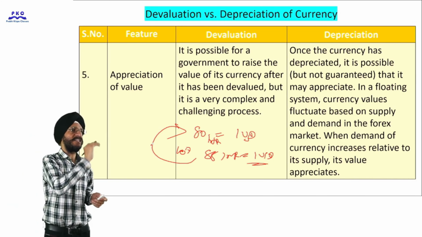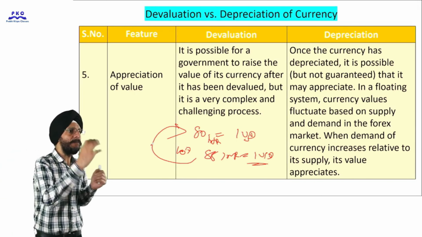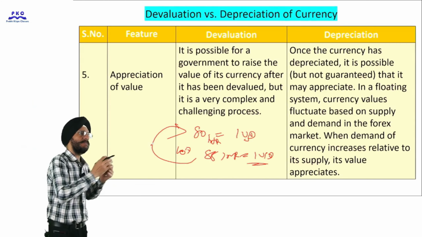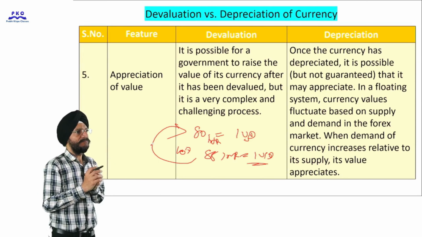In the case of depreciation, once the currency has depreciated, it is possible that it may appreciate, but this is not a guarantee. If there is political instability in the country, the foreigners are not interested to make investment in the country, then what will happen?